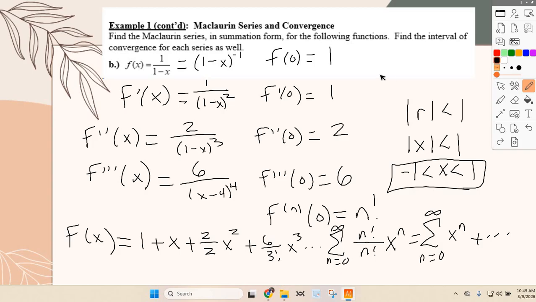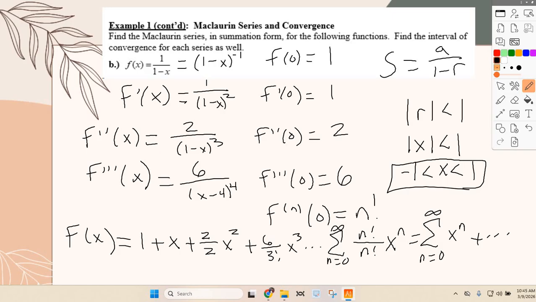And then remember that my sum for a geometric is a divided by 1 minus r. And so in this form, a is my 1, and r is my x. So in order for it to be convergent, which is what it's asking for in the interval of convergence, I know that the absolute value of x has to be less than 1.